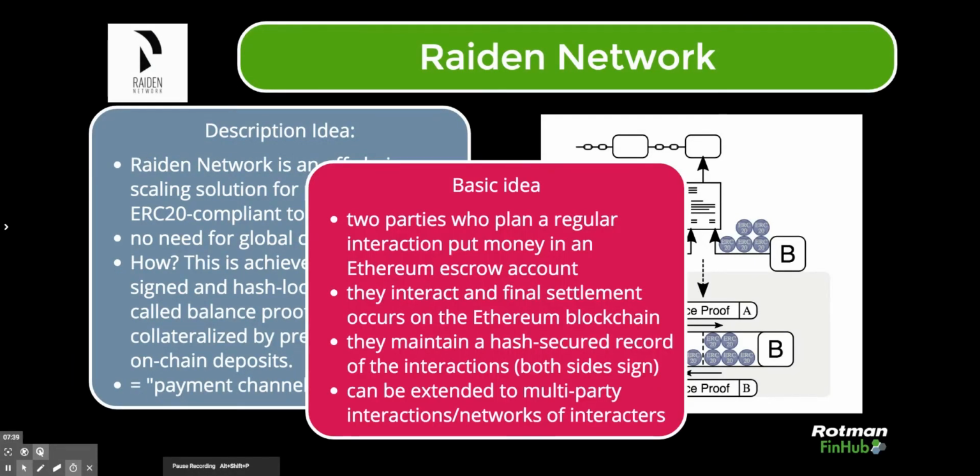And here, if I may summarize, the main part is that both sides sign transactions, similar to Bitcoin's Lightning Network, so that there is always a hash-secured record of interactions. And so if ever there is any dispute, it can be brought to the Ethereum blockchain, and then it goes back into an automated smart contract, and essentially the network as a whole would then settle any dispute directly by its processing power.